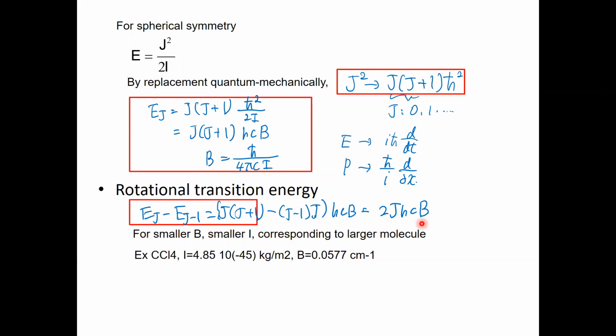So for bigger molecules, B is smaller, so the transition energy difference is smaller, right? So please try to calculate the CCl4, for example. Here are the necessary values, and then you can try the calculation of how big this value is.